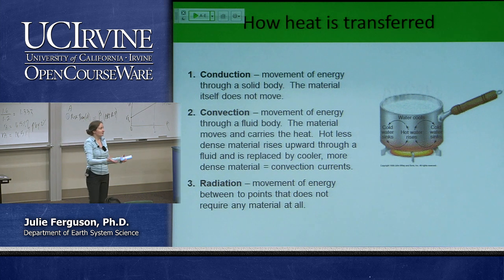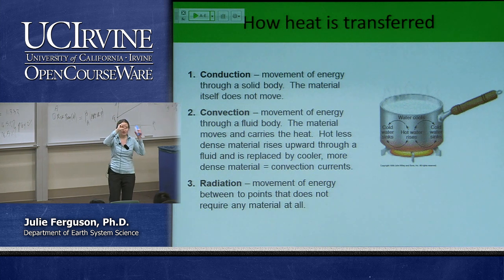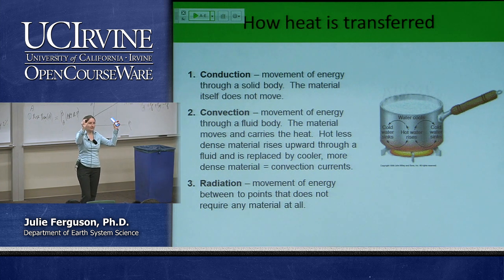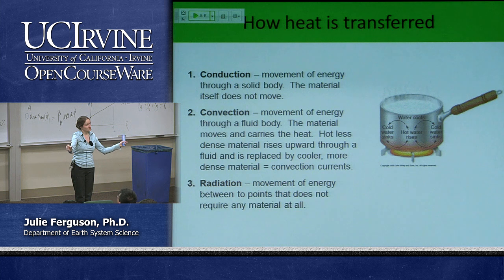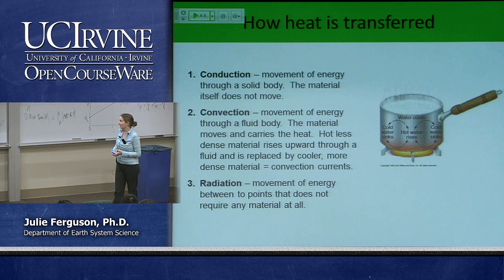And so that warmer stuff will rise, and it will hang out at the surface for a while until it cools down a little bit, and then it's more dense again, so it will sink. And we form what we call convection currents. So where we have rising warm air or water, and then it cools down, and then it sinks back down again. Okay, so that's what's happening in your pan.